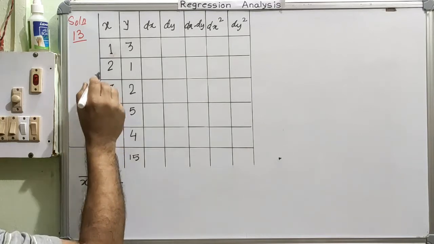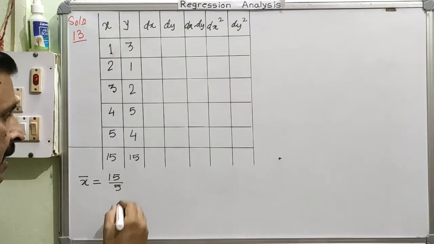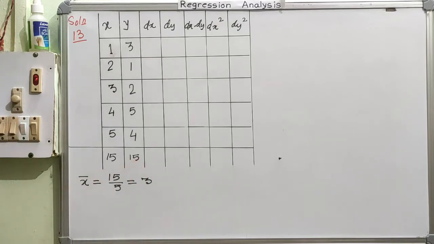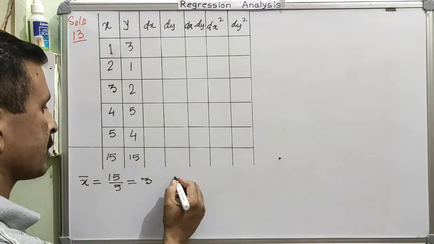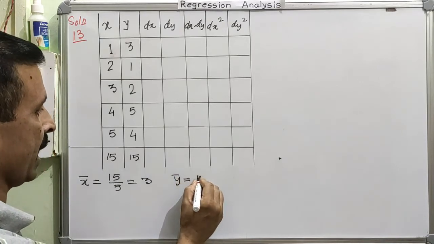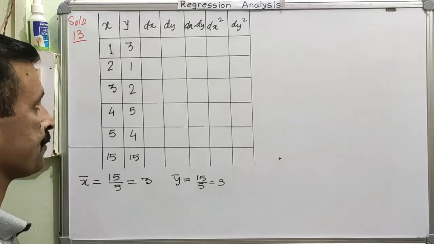There are 5 data, so 15 divided by 5, and your answer is 3. Likewise, because the sum of the y values is also the same, the mean for y will also be the same. So y mean is equal to 15 divided by 5, which is 3.